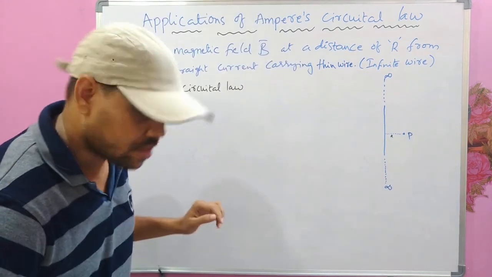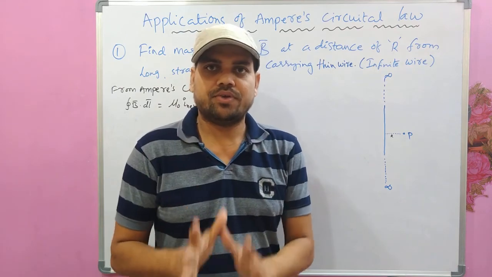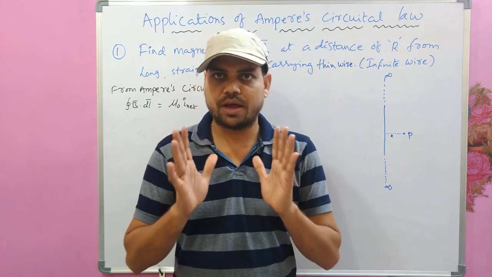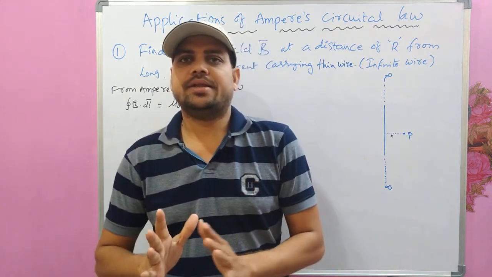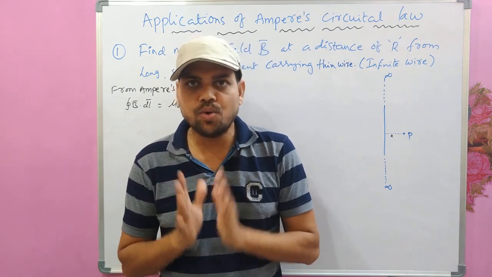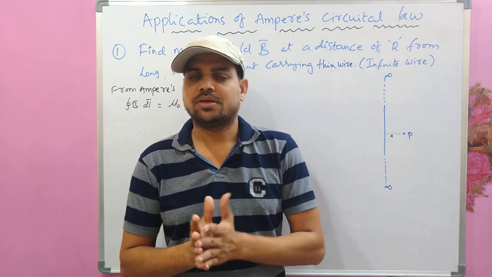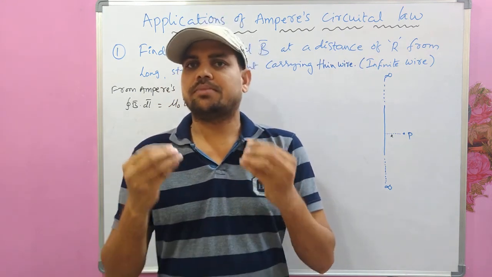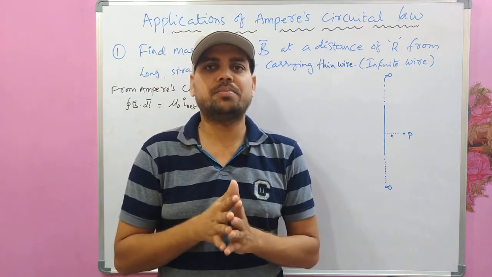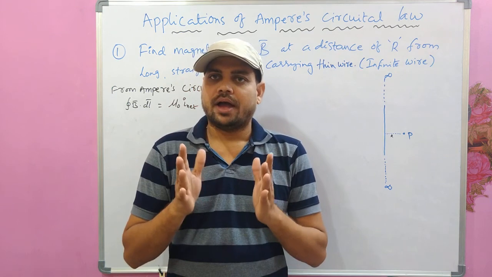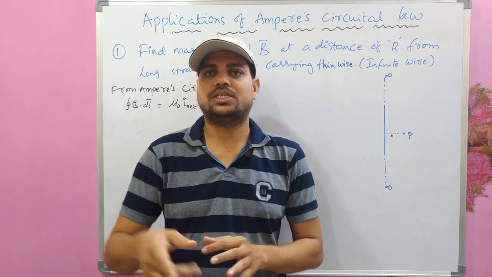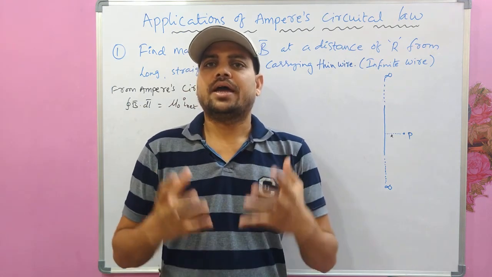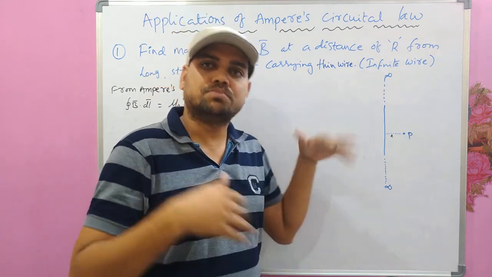Okay, so remember, before we apply Ampere's circuital law to any problem, first we have to take care about what kind of Amperian loop is to be drawn, so that the magnetic field magnitude is zero or constant on the Amperian loop everywhere, and the magnetic field direction is along the path of the Amperian loop that we have chosen, so that the application of Ampere's circuital law is more useful.